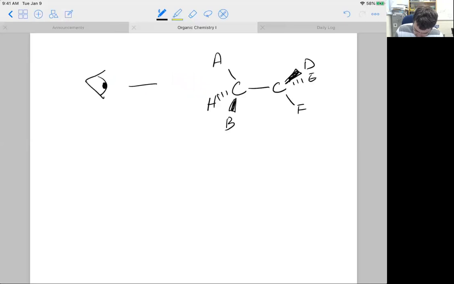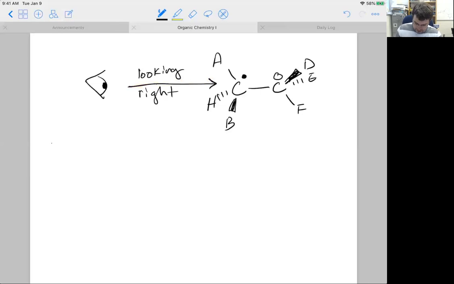I have my one eye looking down the bond this way. Our eye is starting at the left and it's looking right. That's an important observation. If you look, the arrow is moving from left to right. It's looking right, it's reading right, however you want to say it. What that means is that the ABH carbon is going to be our dot and the DEF carbon is going to be our circle.